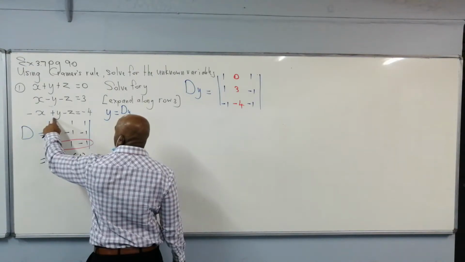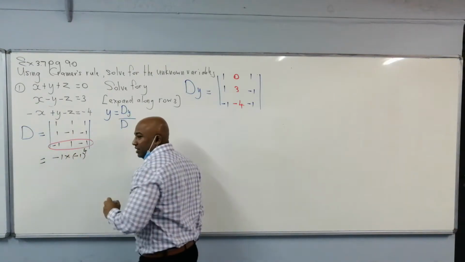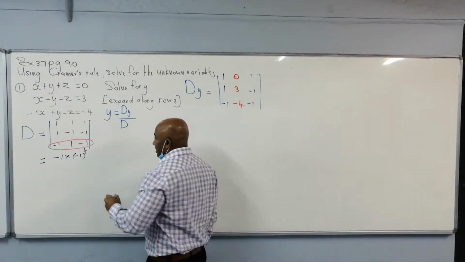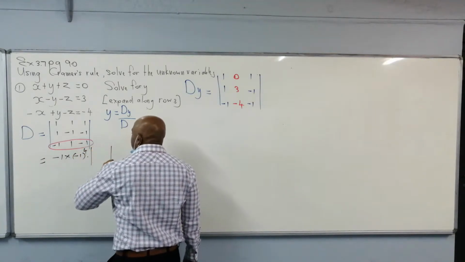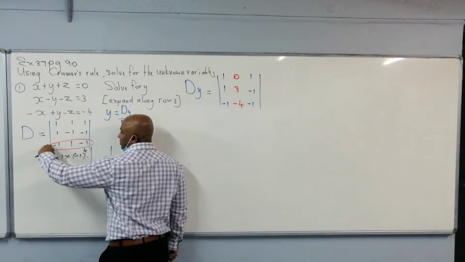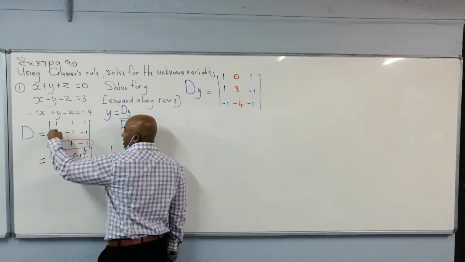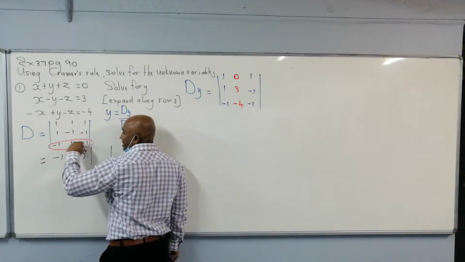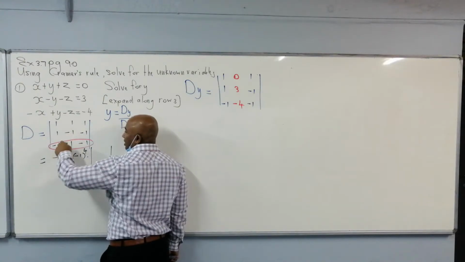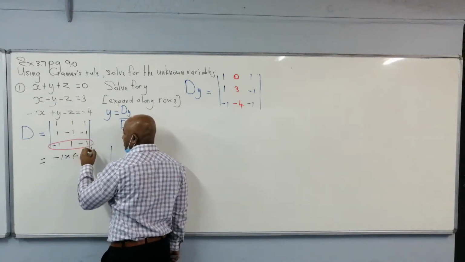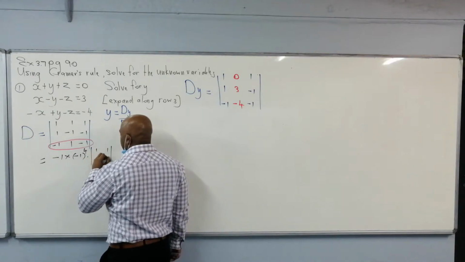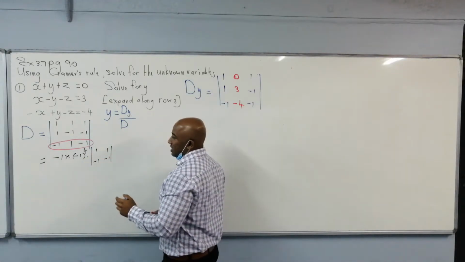Row 3, column 1, so that will be 4. Then we block the row and the column in which minus 1 lies, so that's 1, minus 1, 1, minus 1. What's the next number then?